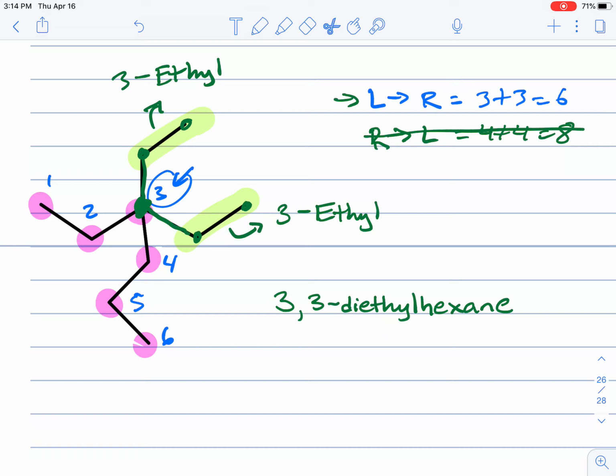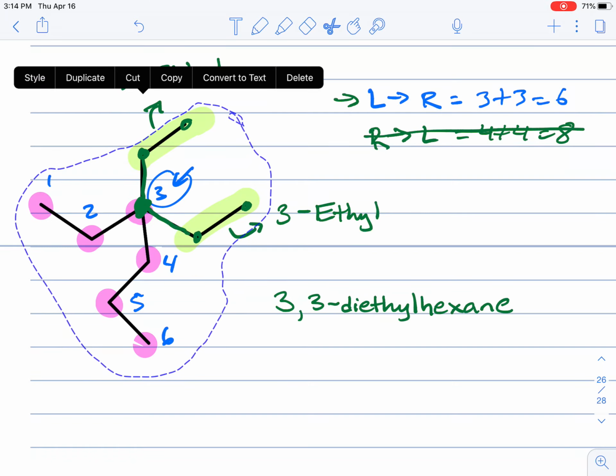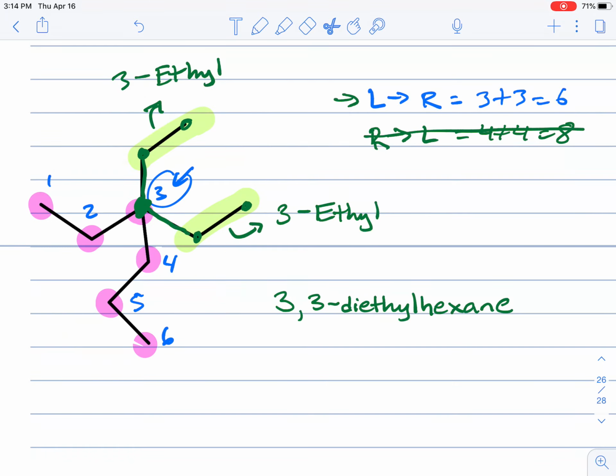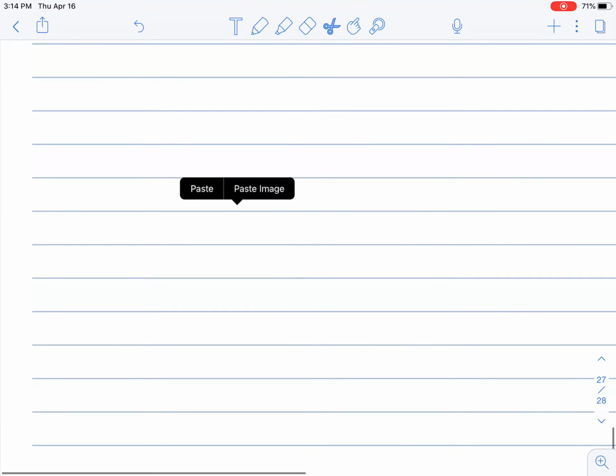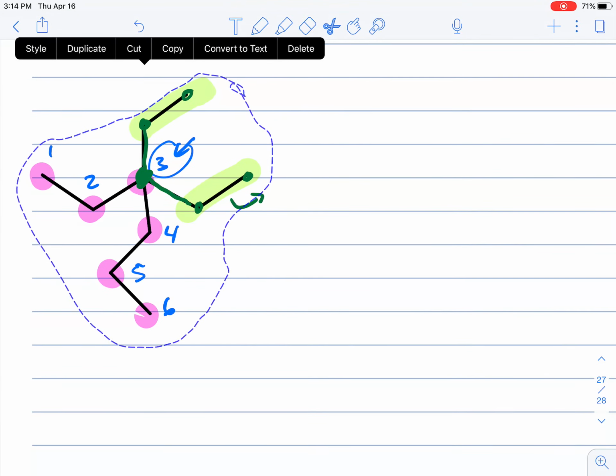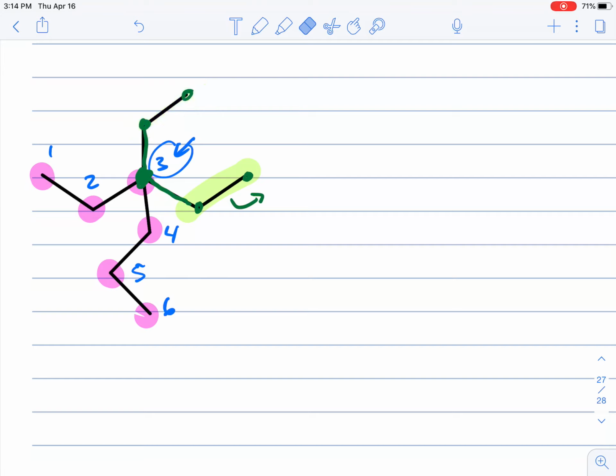Okay. And so I'm going to go ahead and copy this structure, and I'm going to go ahead and paste it. And this time we're going to look at a different numbering system. Oops.